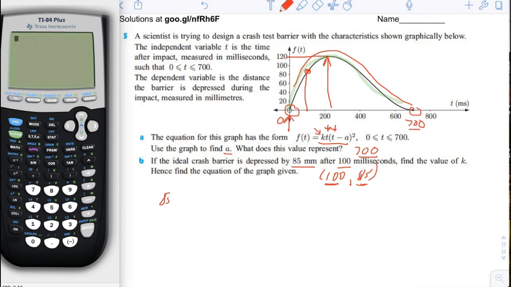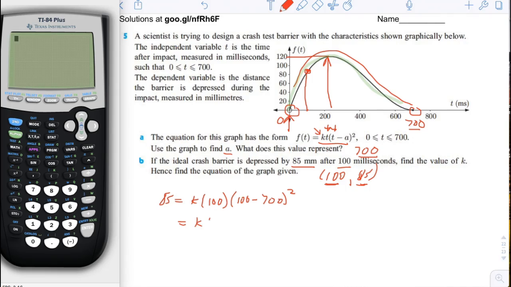So we'll say 85 equals k times t, oh, t is 100. K times 100 times 100 minus a, which is 700, right? Squared.